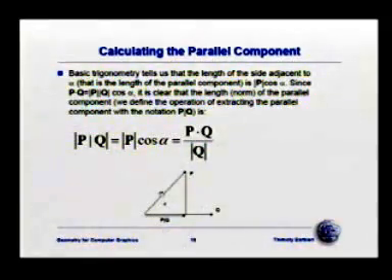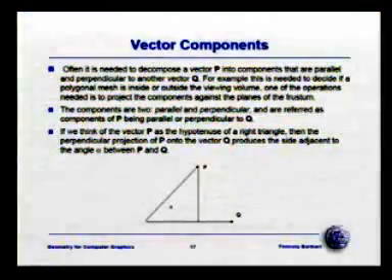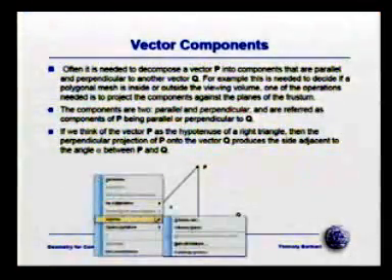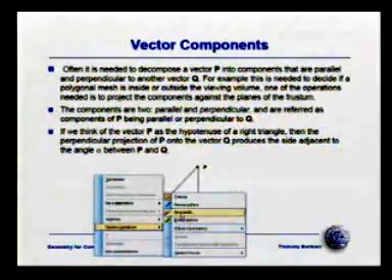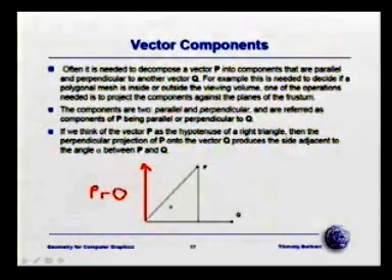What is the idea here? It's a trick. This is the perpendicular projection of P over Q. If we know already this one, this is the parallel projection of P over Q, right?